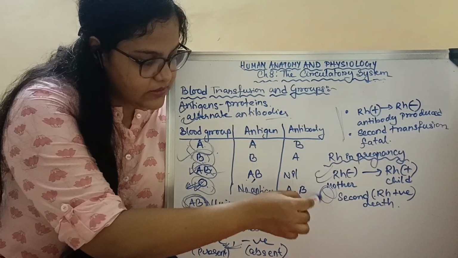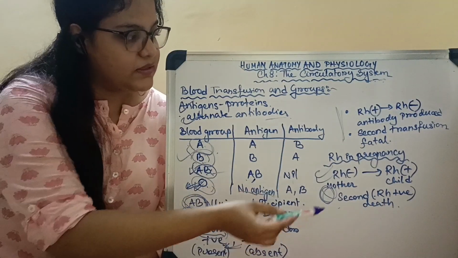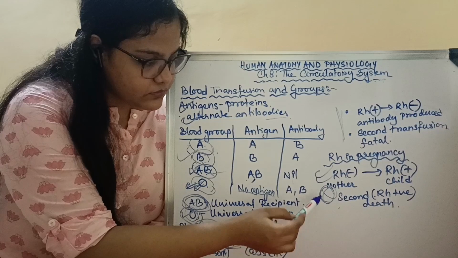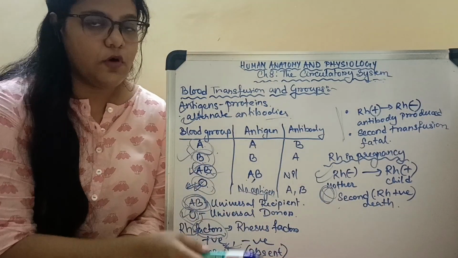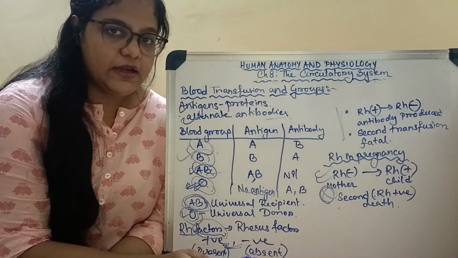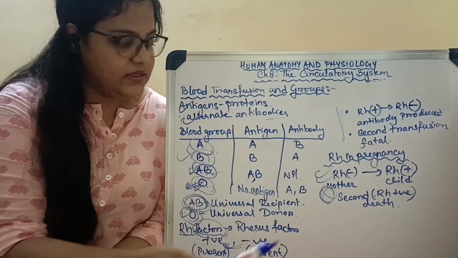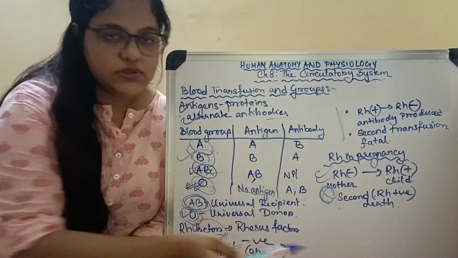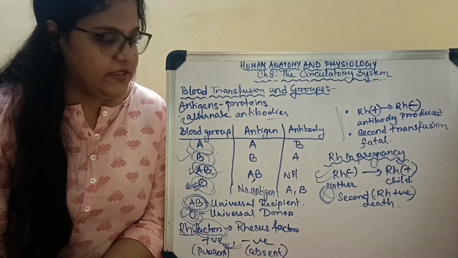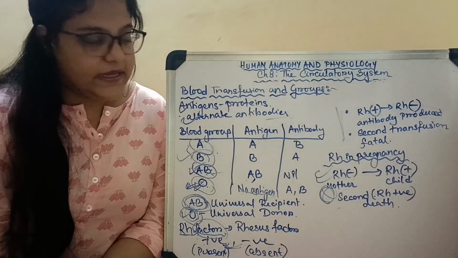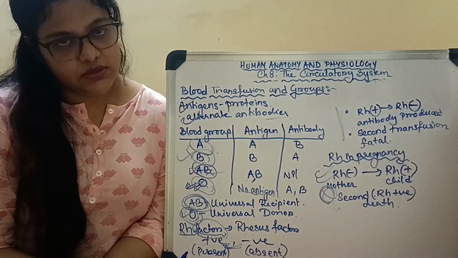So when this Rh negative mother conceives a second Rh positive child, the blood of the mother has that antibody for Rh positive. Now that antibody identifies the Rh positive blood as its enemy, and at the end it leads to the clotting of that blood of the fetus, which means that the fetus might die, and it can also lead to complications in the mother, right?